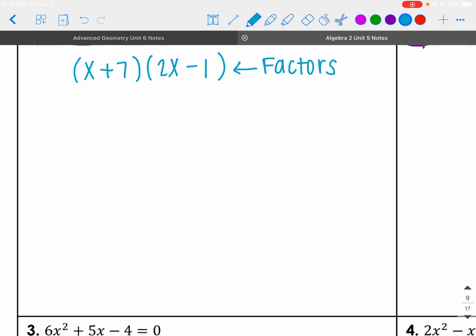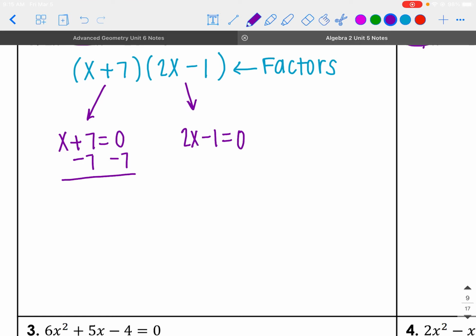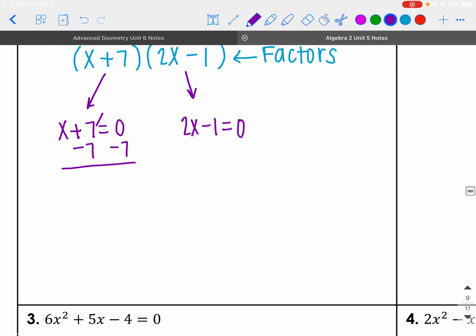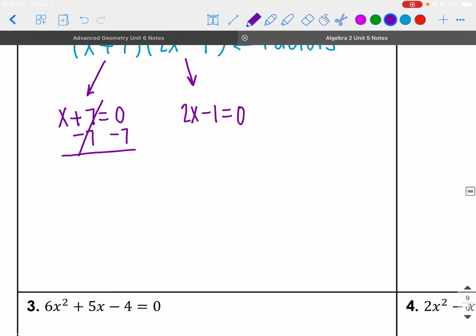What we do when we have factors is take each factor and set it equal to 0, and then we solve. For example, this left one, I want to solve for x. So I'm going to subtract 7 from both sides. The 7's cancel, leaving me with x equals -7.